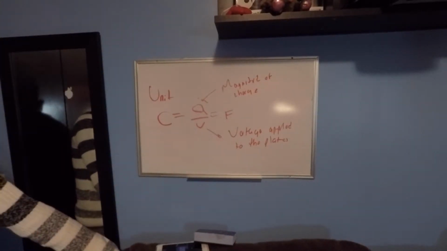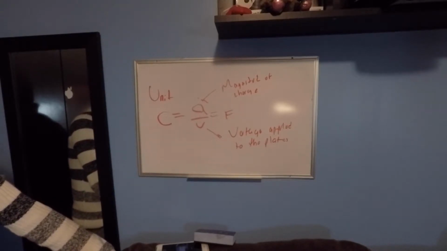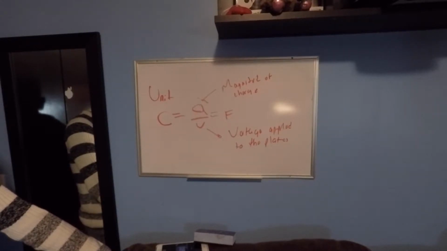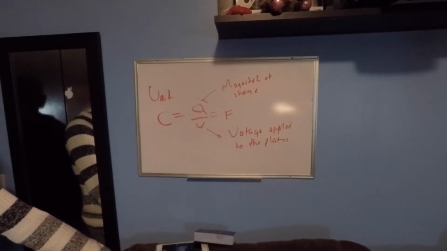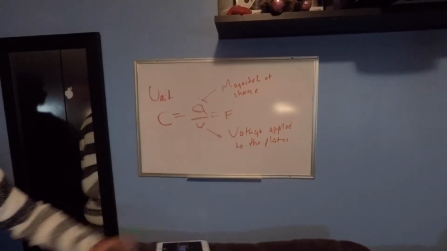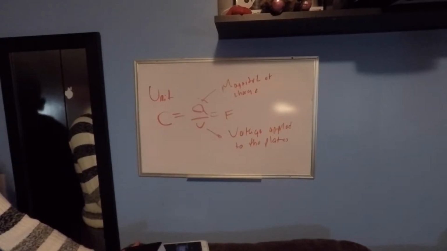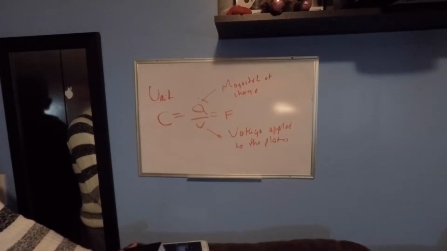Okay, next we're going to explain. We just covered capacitance. We just saw the circuits, and now we have to tell you that there are capacitors in series and capacitors in parallel.